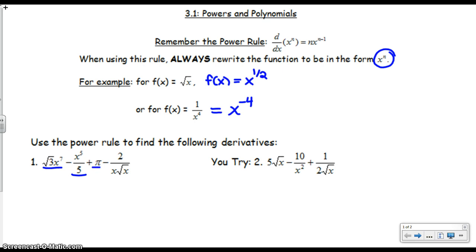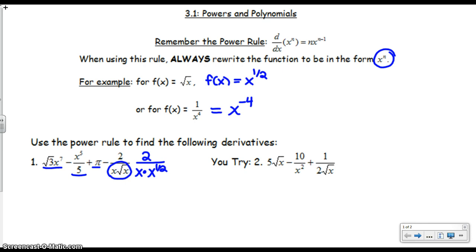So the problem is this x times radical x in the denominator of this fraction. The first thing you need to do is rewrite this as 2 over x times x to the 1/2. We're going to have to do a couple things to simplify this. You cannot do the power rule when you have x times x. You need to combine those x's first.